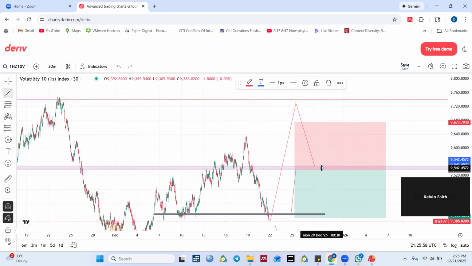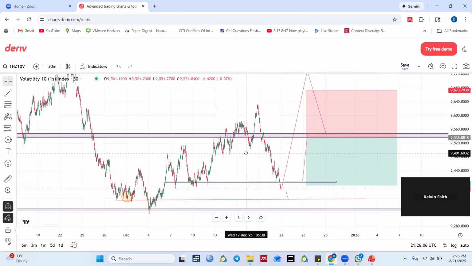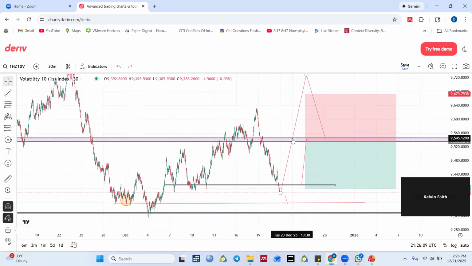If it stays above, buy. So you have marked the PSR and you are only waiting for the market to consistently stay below it or above it. That's your job. That's what you're looking for.